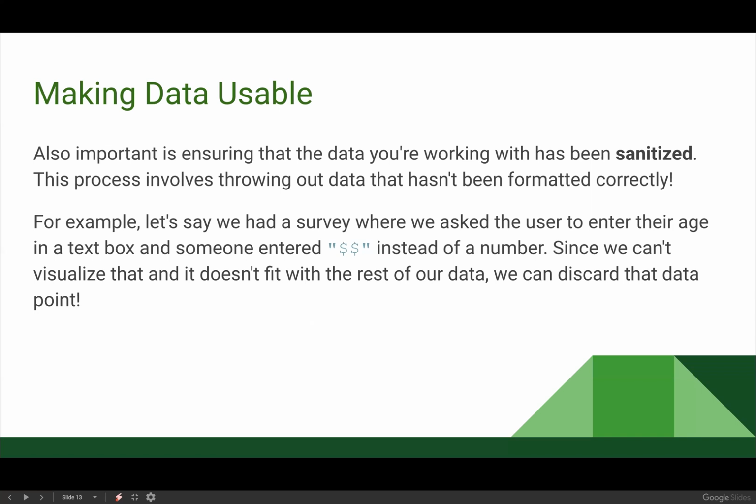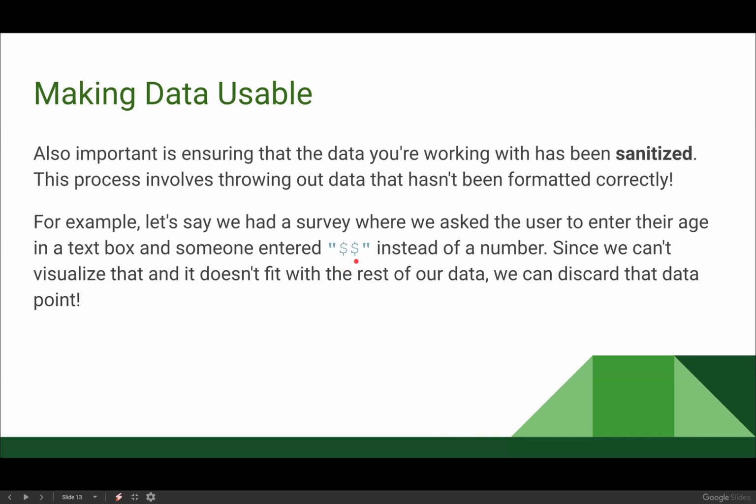Also important is making sure that the data we're working with is sanitized. And this means that we sometimes have to throw away data when it's not formatted correctly. So let's say I gave a survey where I asked the user to enter their age in a text box. I didn't use a drop down, I used a text box. And someone entered $ instead of an actual number.